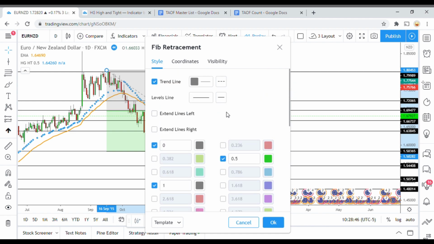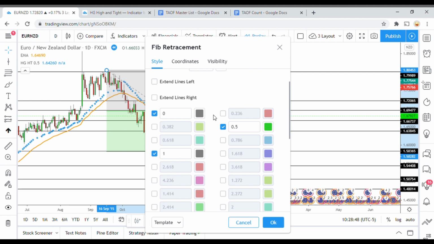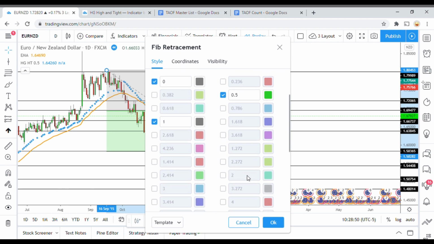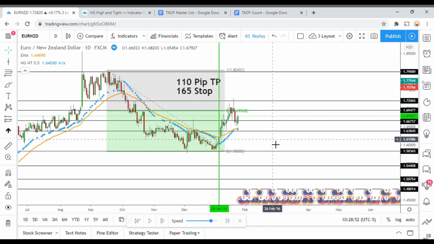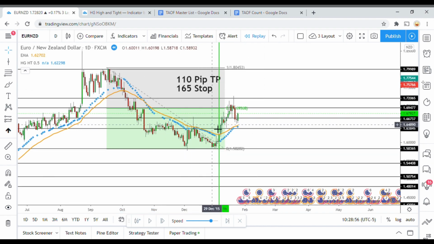I personally look for the 50% retracement more than anything, because that seems to be a really significant point when price action starts to stall out. Here's an example where price action came up, hit the 50% retracement level, and then made a sharp retracement back down, or a correction.